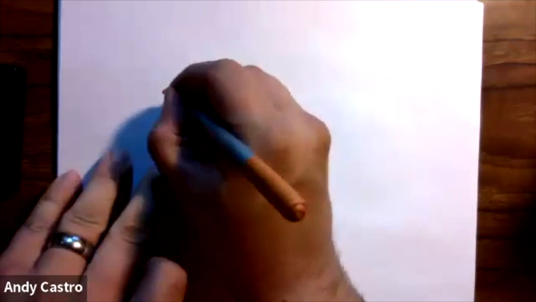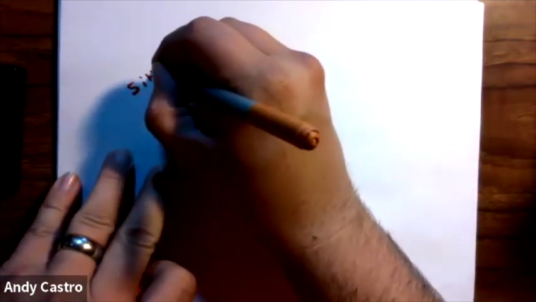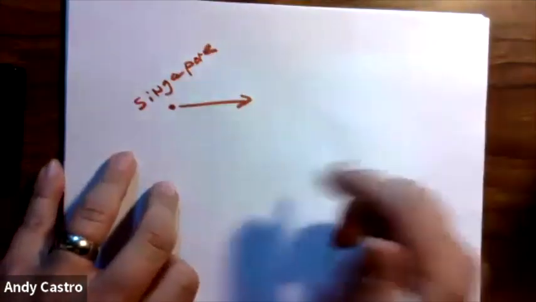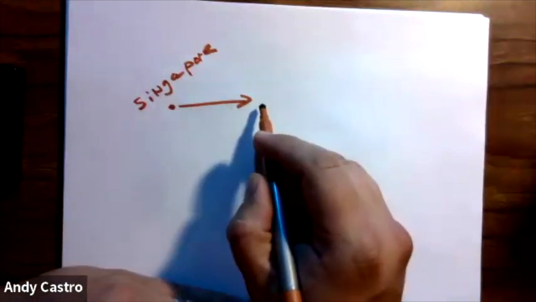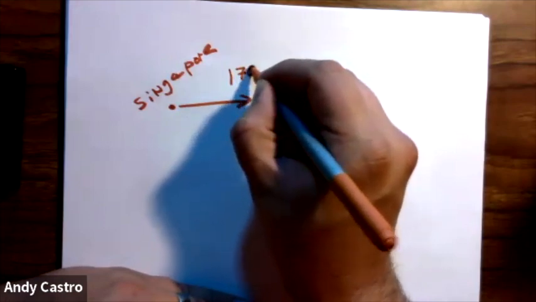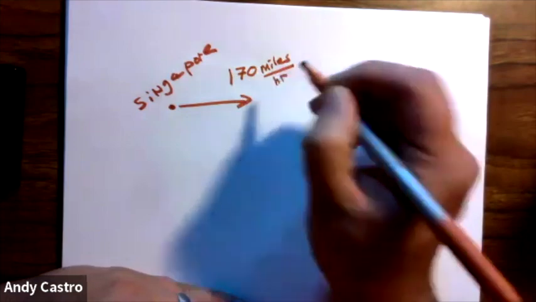So let's do one like that. I'm going to draw a picture here. We're going to say that a plane leaves Singapore, and it flies at an average speed of 170 miles per hour.